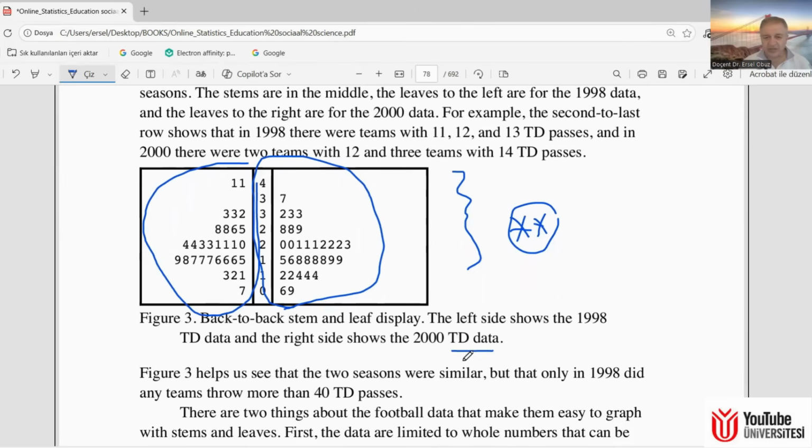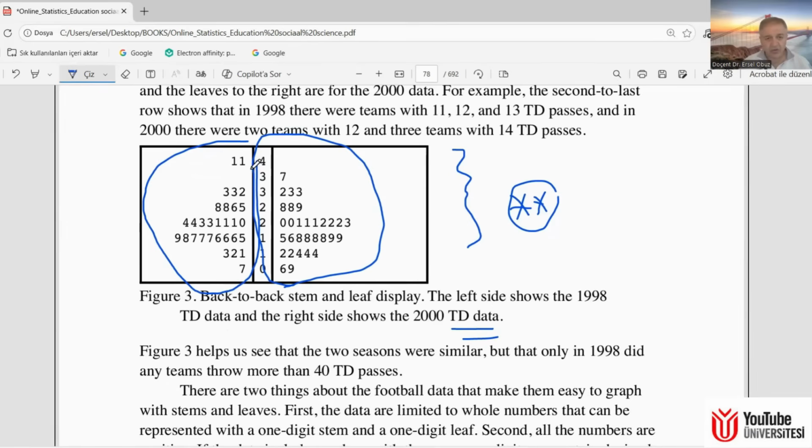Those are touchdown data for American football. You see the trend is pretty similar, except for a difference in this part. And then the rest is very similar.